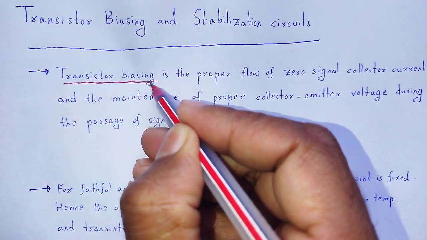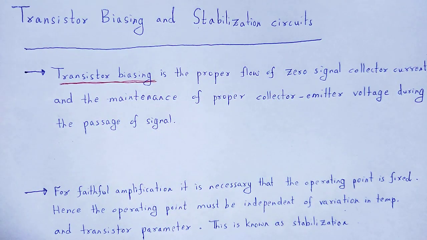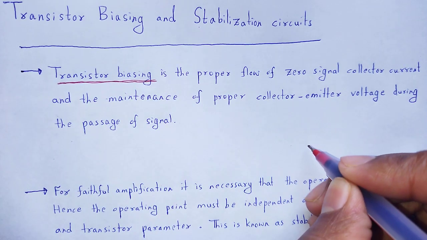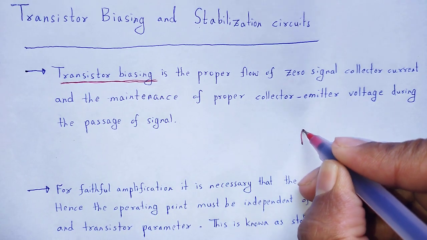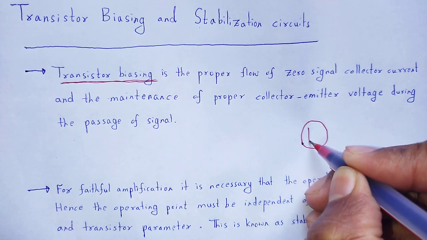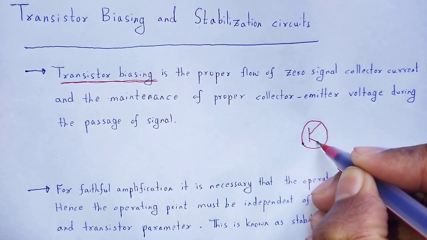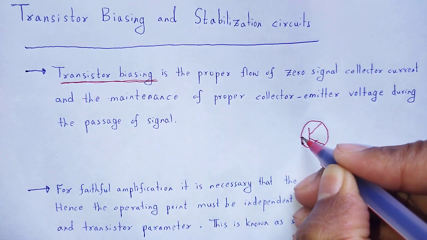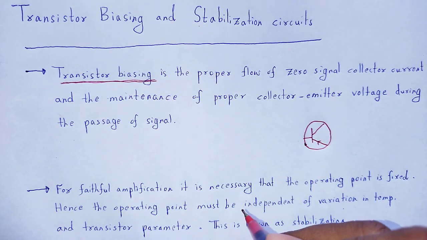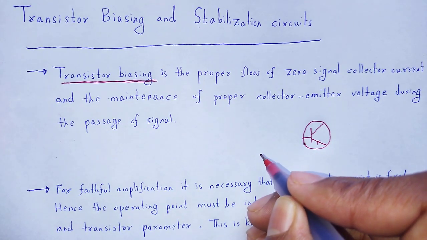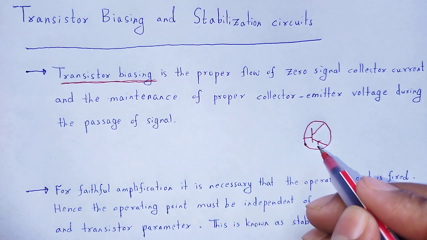In the previous video lecture, when we were dealing with the DC load line, we considered a common emitter NPN transistor, and it has no signal as input.